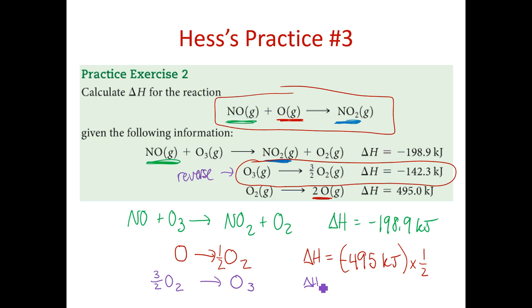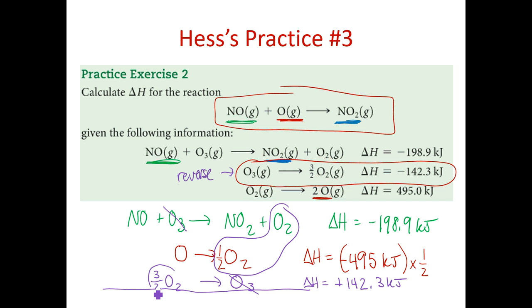So when I reverse that, the delta H is going to change in sign, 142.3. And then when I add them all up, hopefully I will get my reaction that I'm looking for here. So notice how I have an O3 on the left and an O3 on the right. So that cancels out. And then over here on the right, I have 1.5 oxygen molecules, O2.